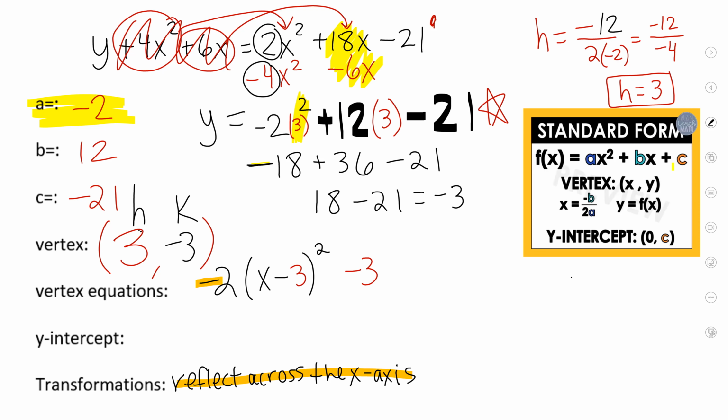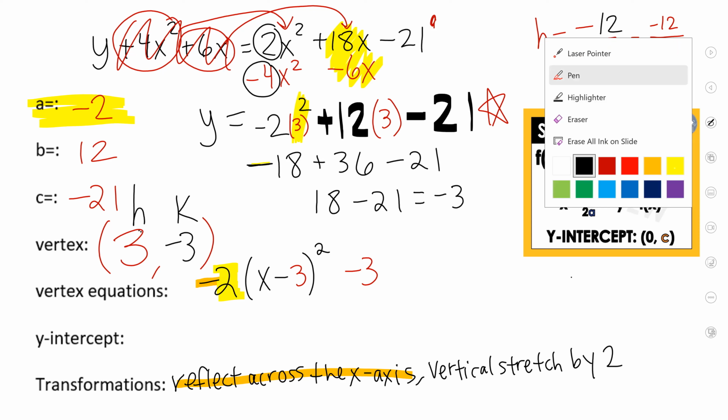Now, what does the 2 in the front do? Vertical stretch. So the 2 will make it a vertical stretch. So vertical stretch by 2. So that's what the number 2 does.